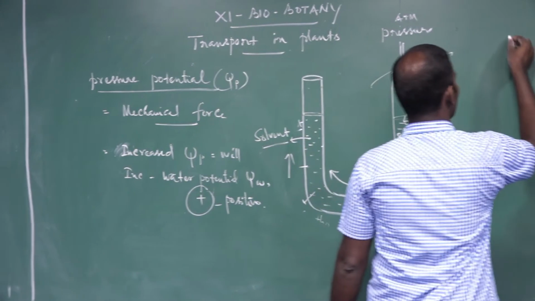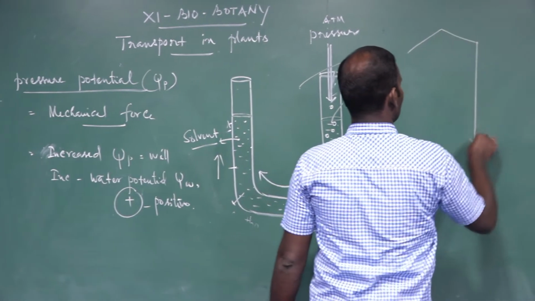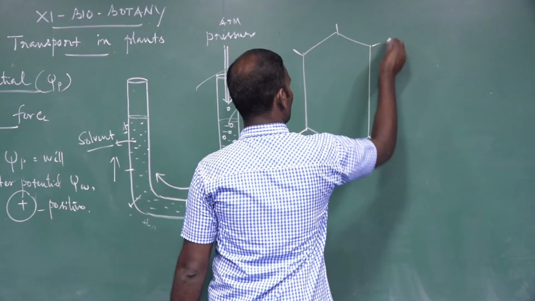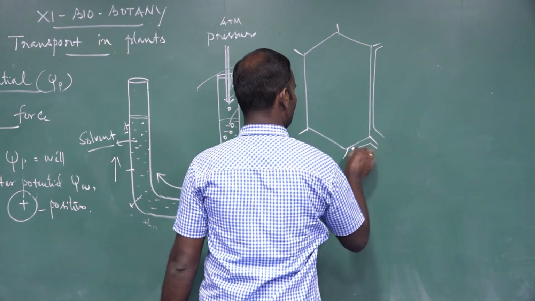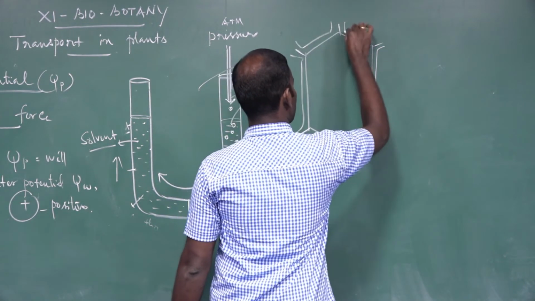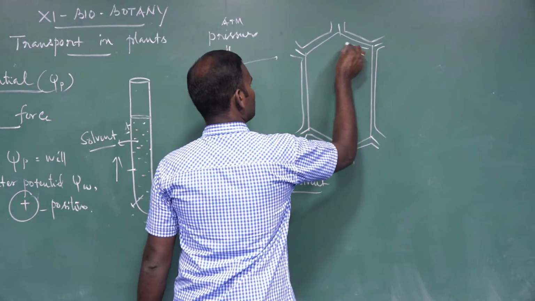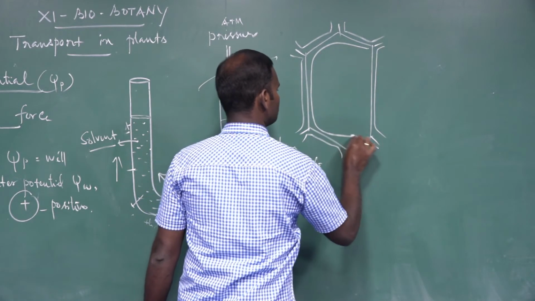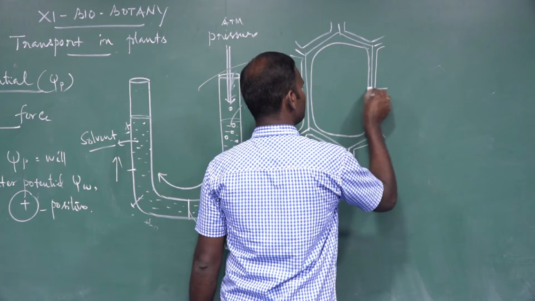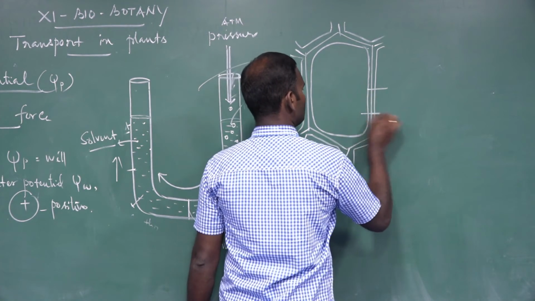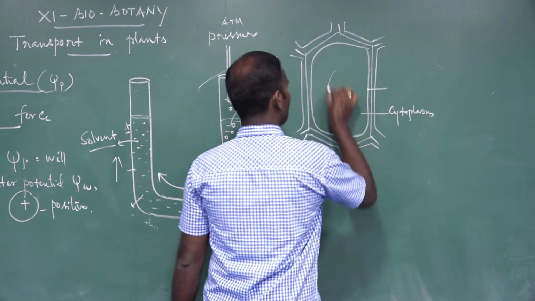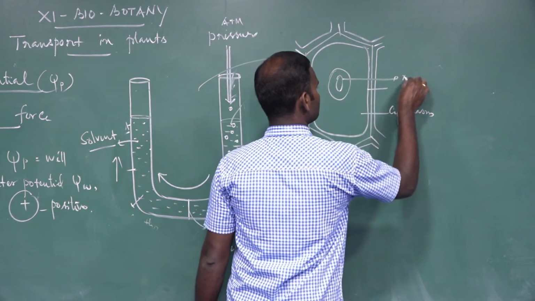For example, this is a cell, and this is a neighboring cell. It is a protoplast. Protoplasts are differentiated into cytoplasm and the central nucleus.